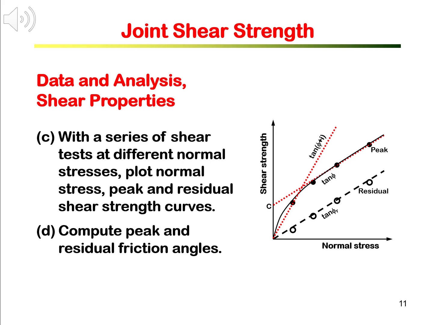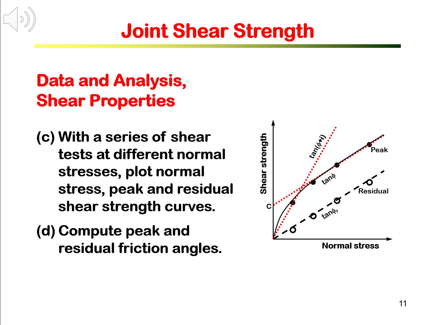With a series of shear tests at different normal stresses, using the method we just learned on the last slide, we can have a set of results of normal stress, peak shear strength, and residual shear strength. We can plot the normal stress, peak shear strength, and the normal stress, residual shear strength curves, as shown on the right.